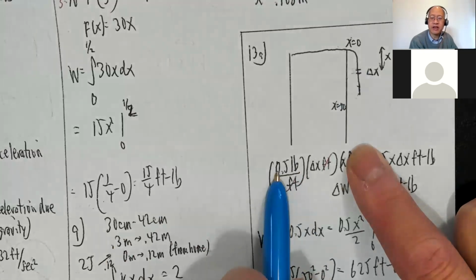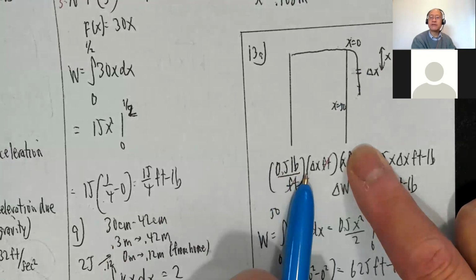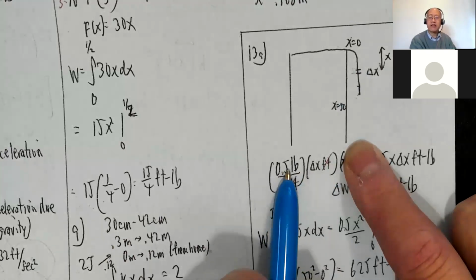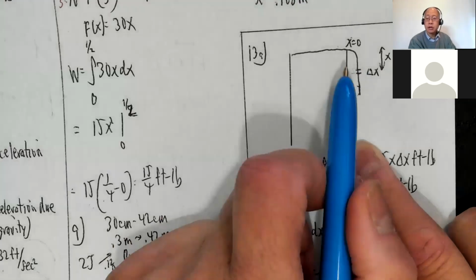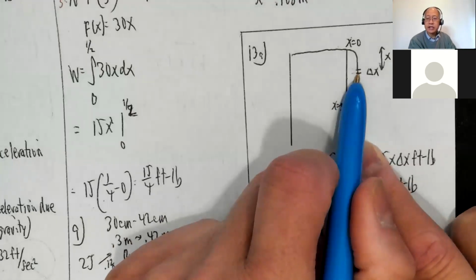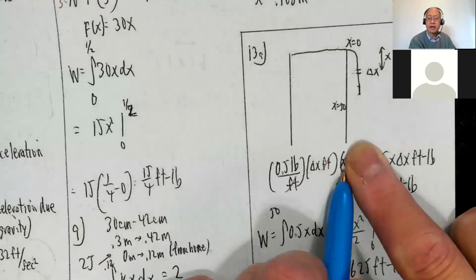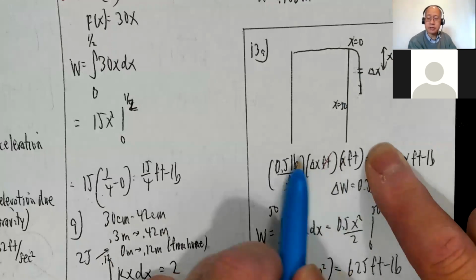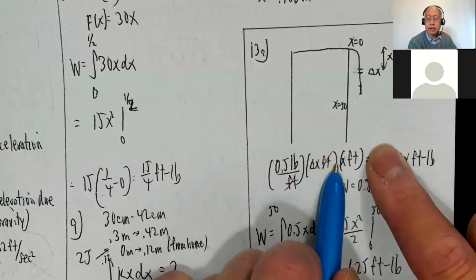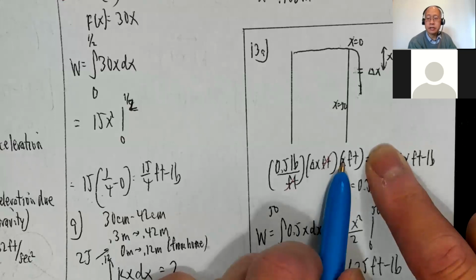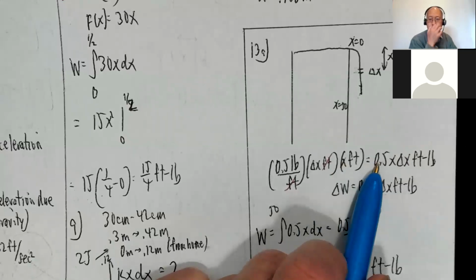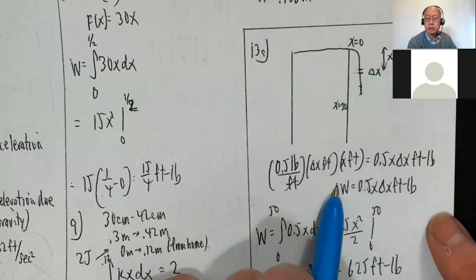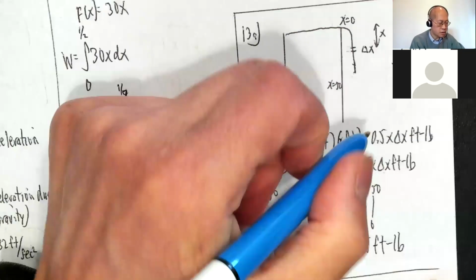The density is 0.5 pounds per foot, and I have delta x feet. Notice feet cancels out, so right now I have pounds. This weight is traveling the same distance up, x feet. So now I have foot-pounds, and that's what I want. My change in work, delta W, is 0.5x delta x foot-pounds.